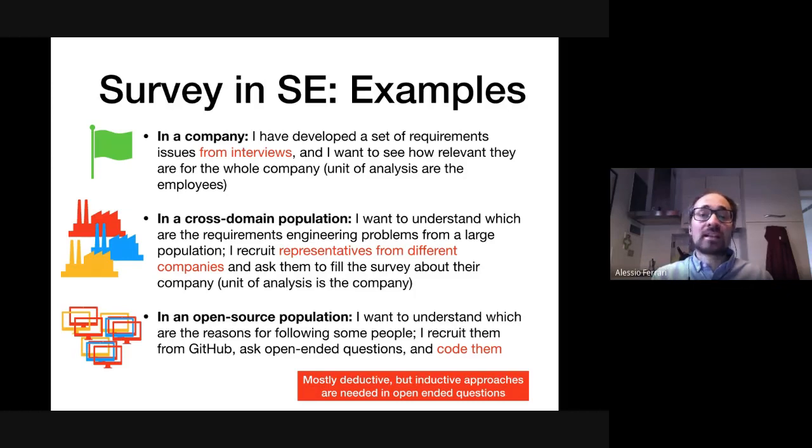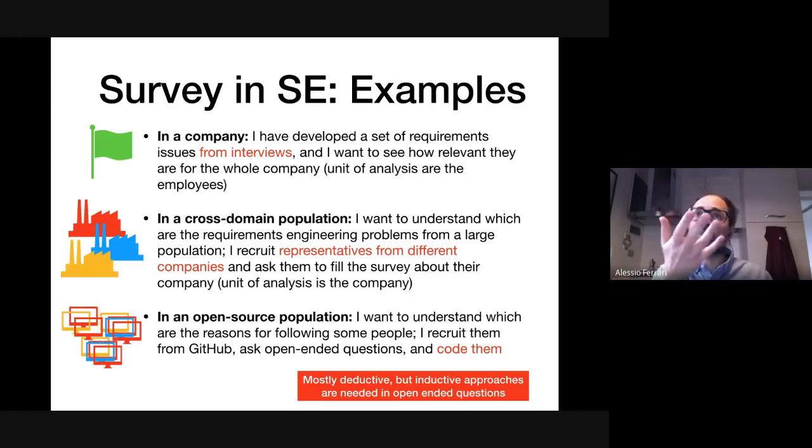Going back to our theory building, surveys are approaches that are mostly deductive. So you normally start from some theory, at least some already built framework from which you want to deliver your questionnaire. So you have already, for example, developed a set of requirements issues from interviews.